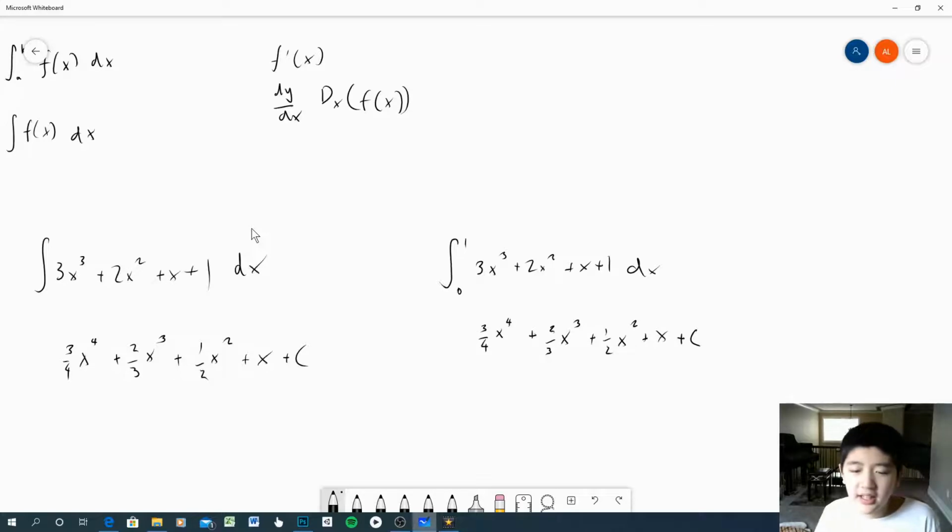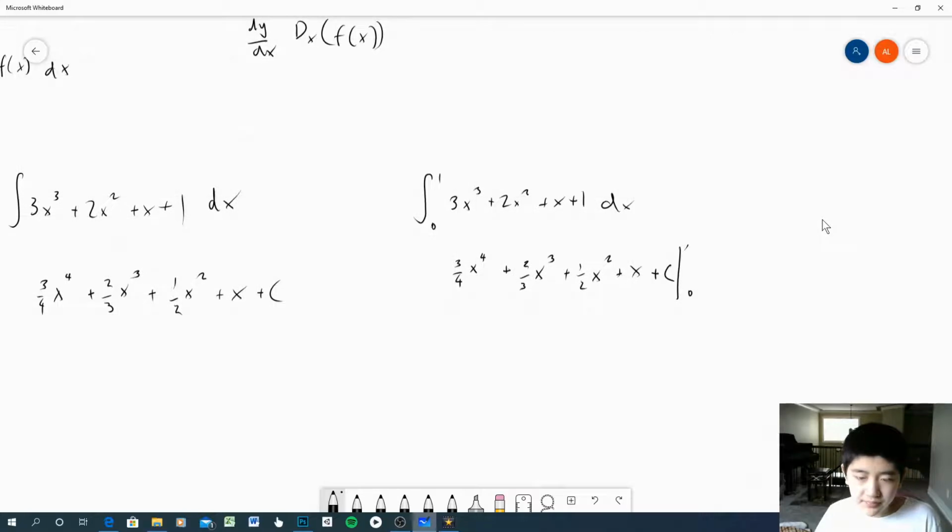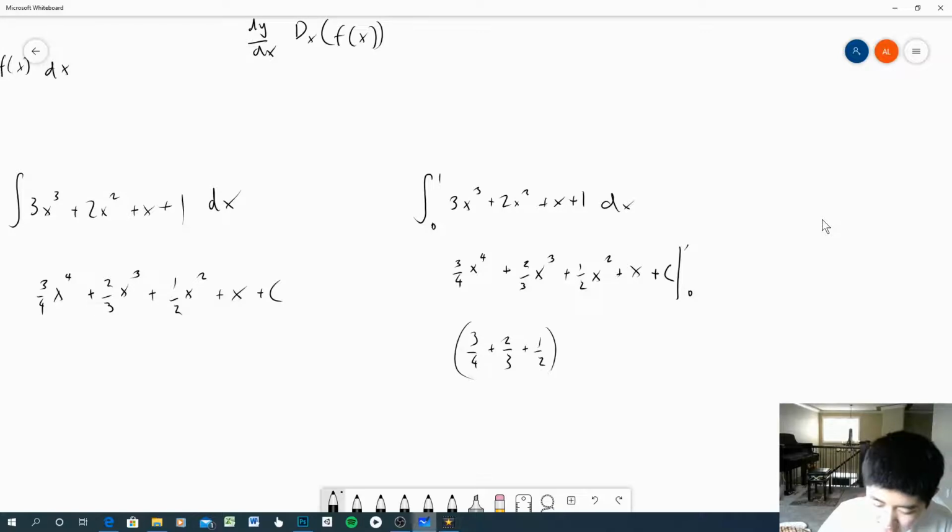Alright, and then we do our next step. Put a line and our upper and lower bounds. And then we substitute these bounds for all of these x's, which is going to leave us with 1 times that, which is 3 over 4 plus 2 over 3 plus 1 over 2 plus 1. And that would be our answer.